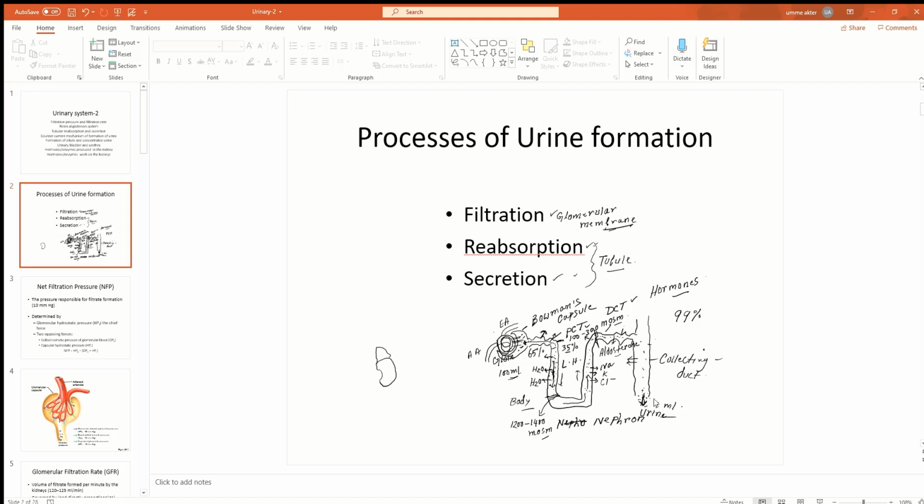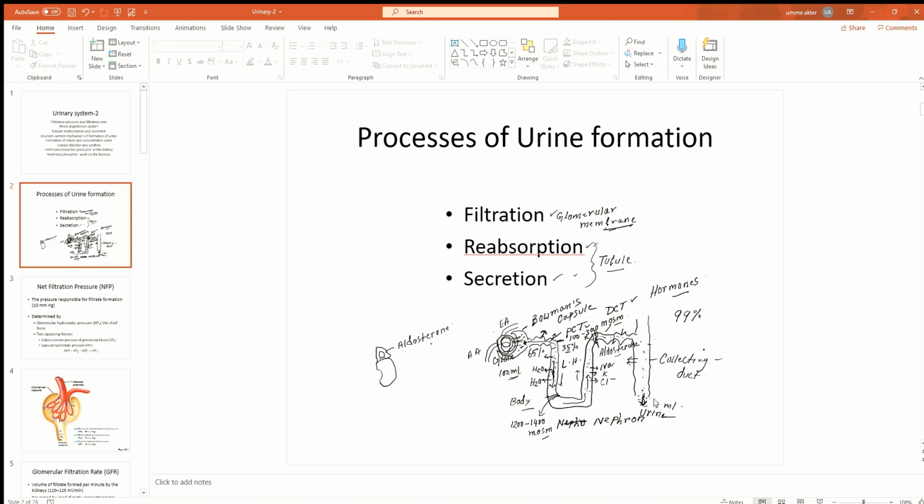So this is the adrenal gland. Outer part is the cortex, inner part is the medulla. So from the cortex of the adrenal gland, this hormone aldosterone is released, and it goes to the kidney and very specifically works on this part of the nephron.